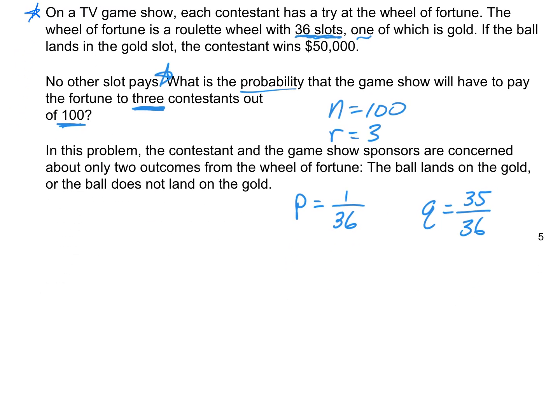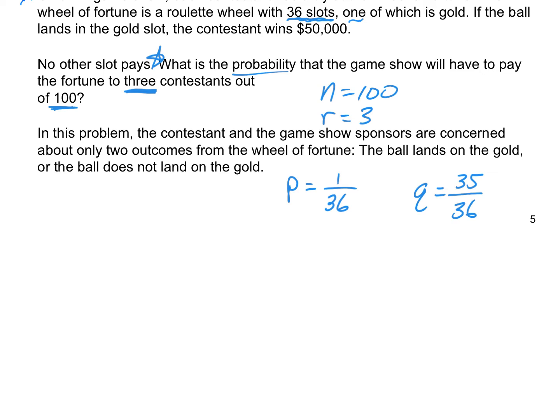So we might as well stay right here, because a moment ago I gave you the formula. nCr, p to the power of r, q to the power of n minus r. And let's plug them in. N is 100. Combination is part of the formula. The r is 3.